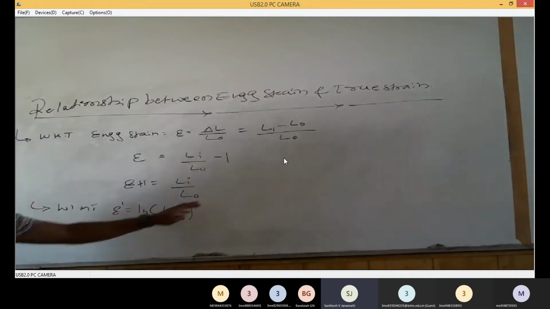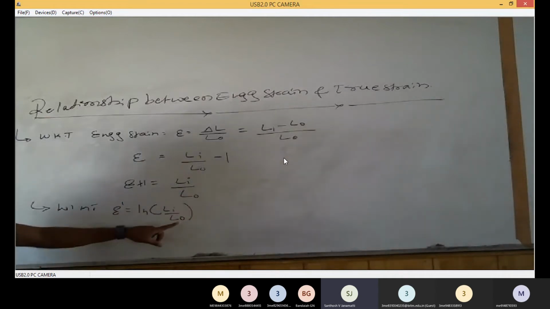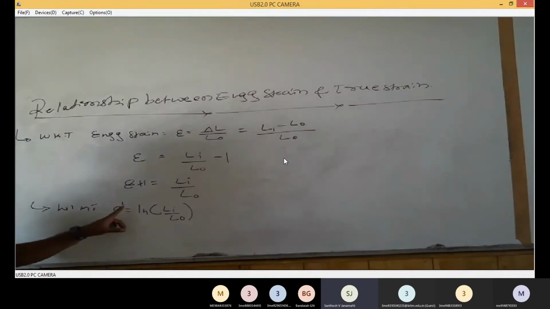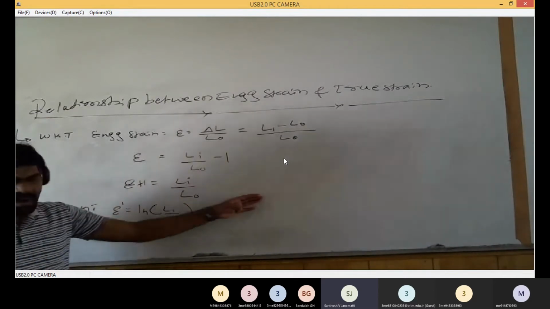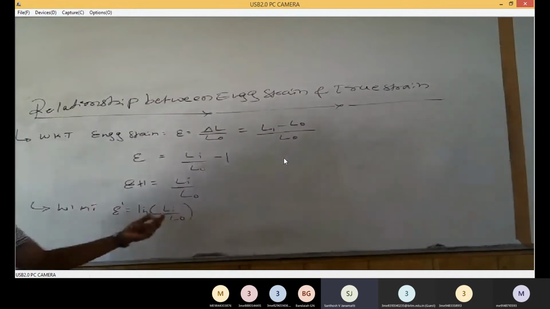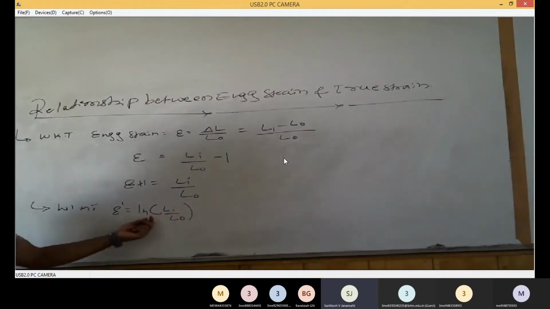Because it is the sum of all the changes in length to the original length, I can take it as a ln, in logarithmic form, Li to the original length.